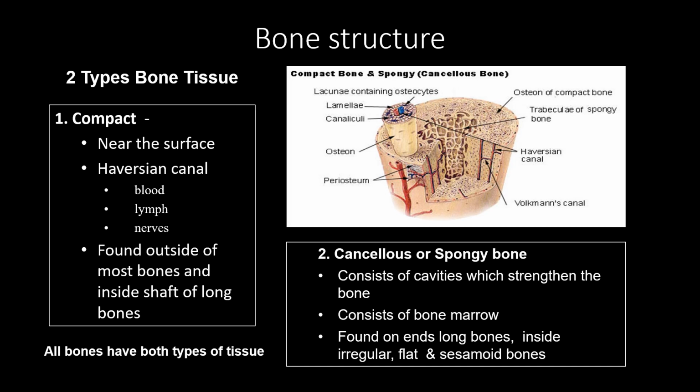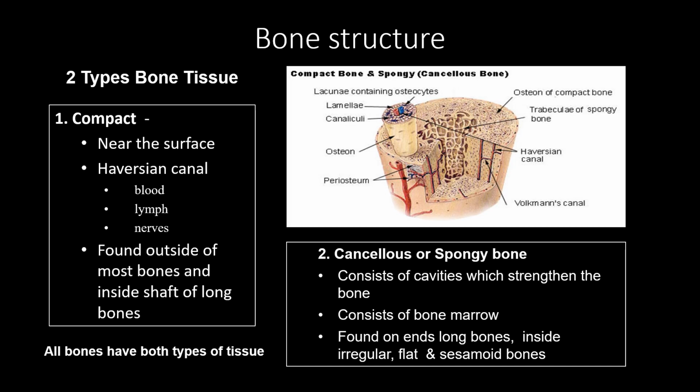It's not necessarily going to be something that you have as part of your question paper, but the Haversian canal is a sort of groove that runs through the middle of the bone where the blood vessels, the lymph vessels, and the nerves can be found. Because every cell in the bone and all these tissues are alive, they need to have an oxygen supply to keep them alive.